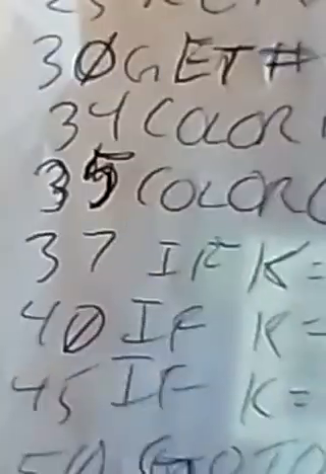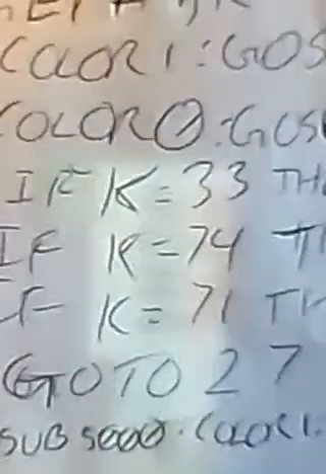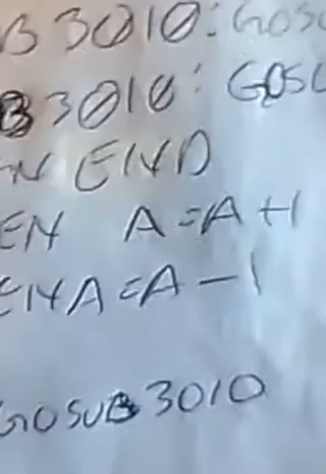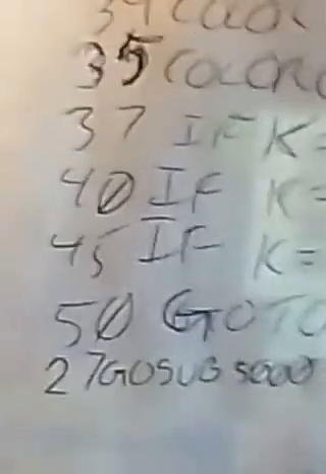37, IF K=33 THEN END. That's how you break out of it. You have to push the shift exclamation mark to break out of it. It'll tell you in the program. If K=74 THEN A=A+1. Okay, 45, IF K=71 THEN A=A-1.